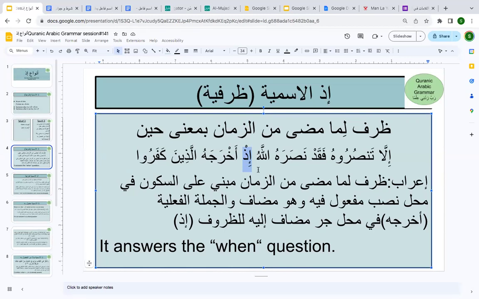And what is going to be the status of akhrajahu alladhina kafaru? Idh is seen as ism, that is zarf as well, and it comes up as a mudaf too. The sentence after it is going to be its mudaf ilayhi, and the status of akhrajahu alladhina kafaru is going to be fi mahalli jarrin. What is the status of kafaru? La mahalla laha min al-i'rab.